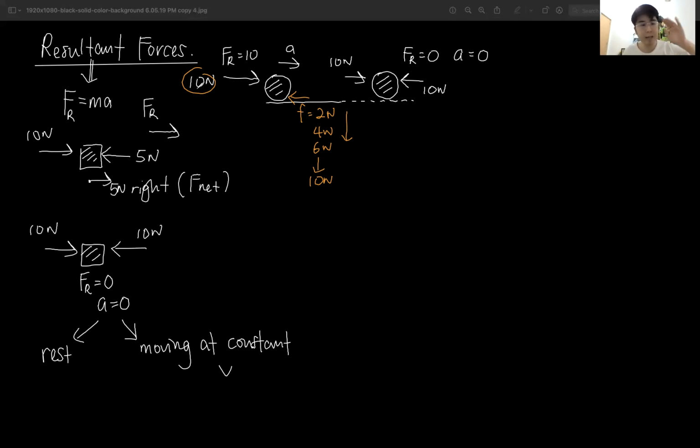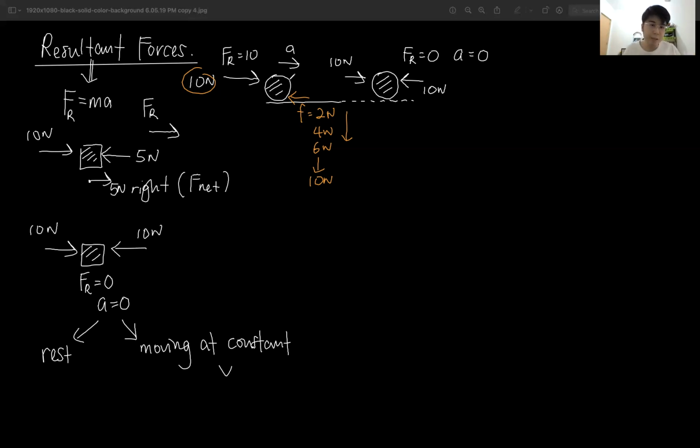Because initially you apply 10 Newton, right? It is already moving. And as it keeps moving, the frictional force increases until it balances with the 10 Newton force. And what happens to the ball? The ball is still moving, but it is not gaining speed anymore.